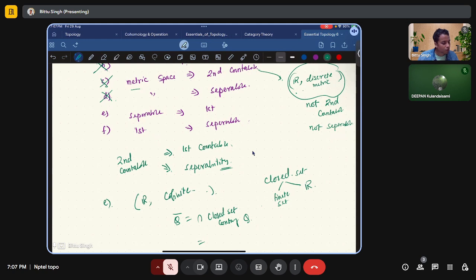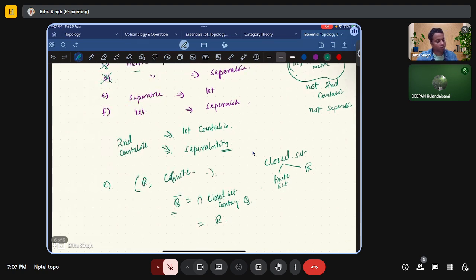So the only closed set which contains Q is R. Therefore, the closure of Q is R. So there is a countable dense set: Q is a countable dense set in R with cofinite topology. Therefore, this is separable. R with cofinite topology is separable, but we have observed that it is not first countable.